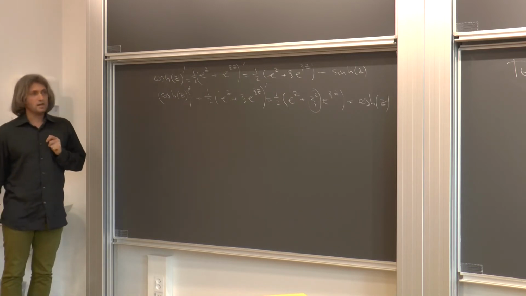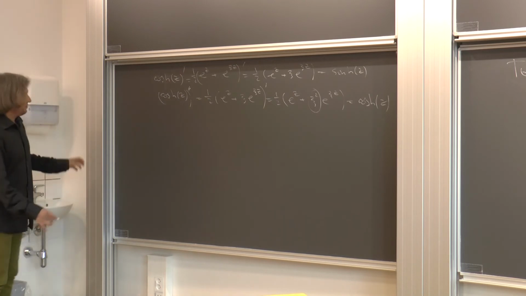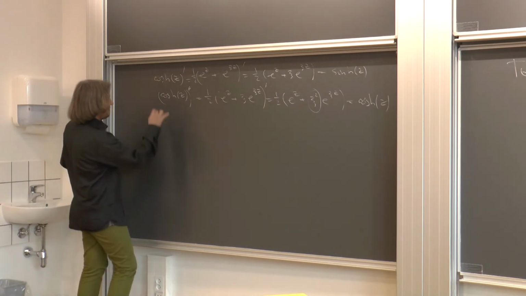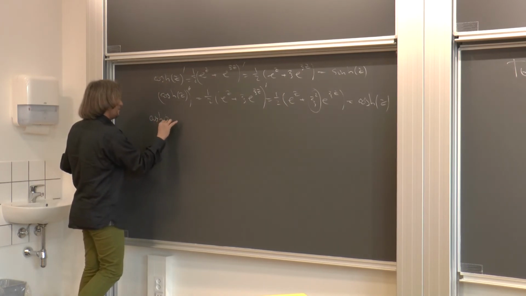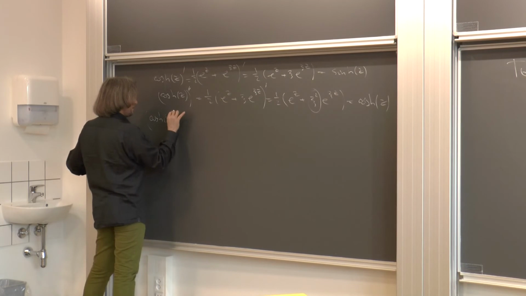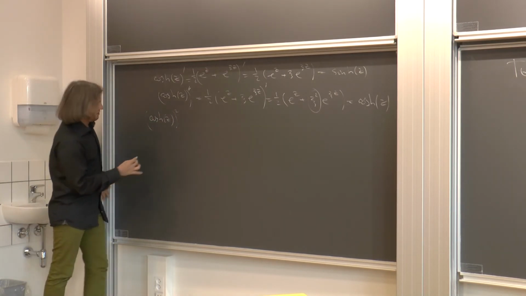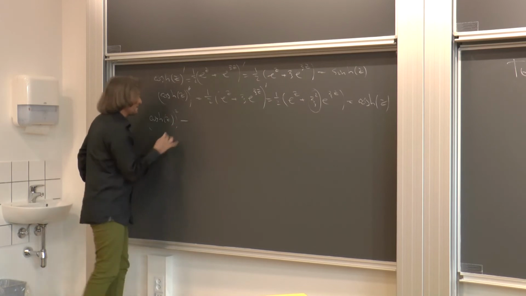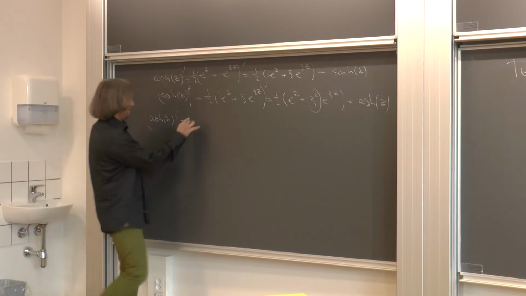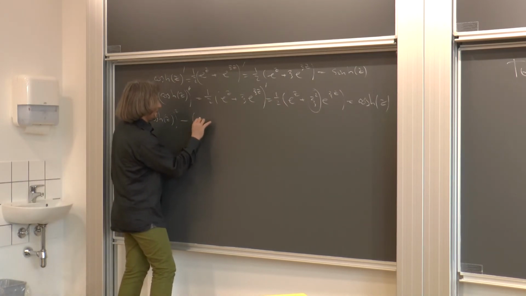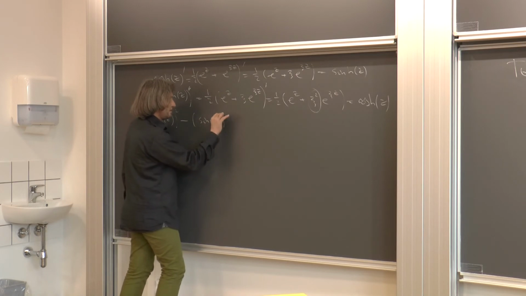Let's see where 1 in the right hand side comes out of. So let's write this, I mean hyperbolic cosine squared, minus, and I think this minus is also suggestive, hyperbolic sine of z squared.